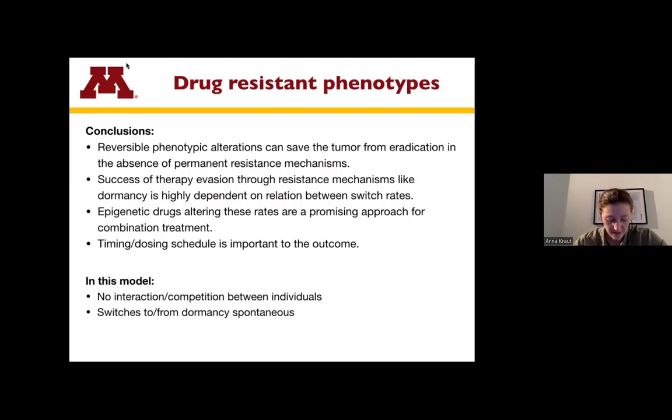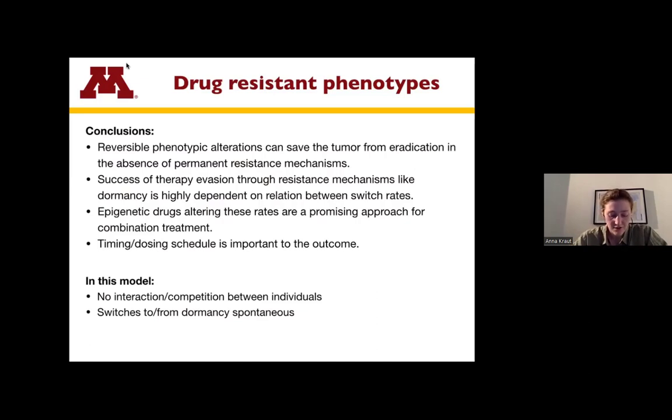two aspects of this model are that we have no interaction or competition between individuals. So it's a pure branching process. We have somewhat interaction in terms of switching between types, but we don't have competition, and no limitation of resources or anything that would limit our population size.